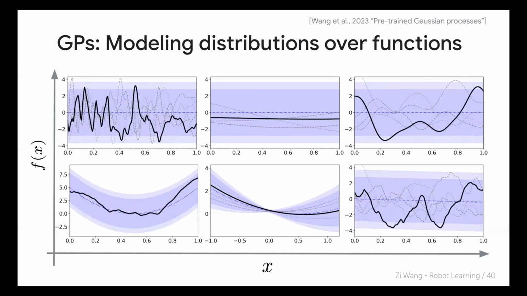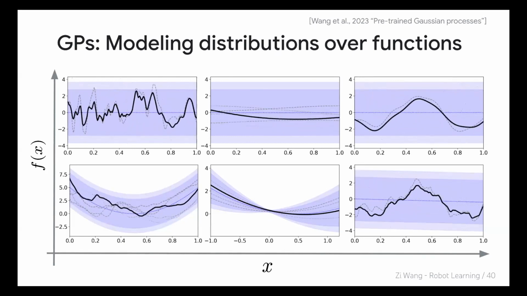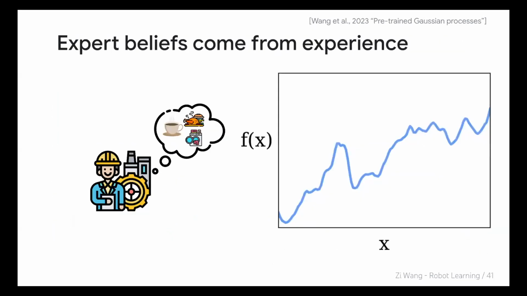Now, how do we select, right? It's really too difficult for a human mind to comprehend. And the way that we decided to think about this is, let's consider where that expert belief comes from. And if you think about that question, well, our beliefs come from experience.